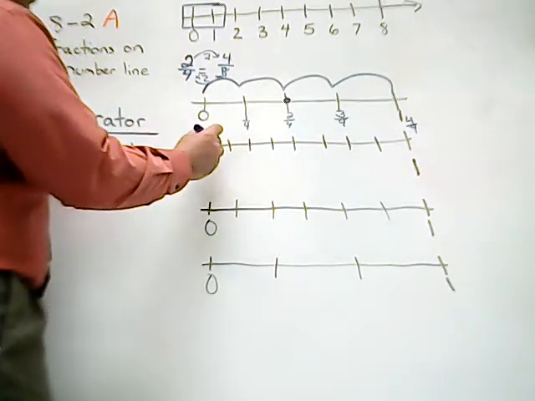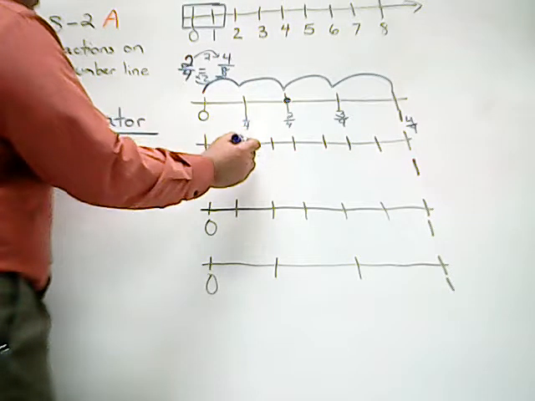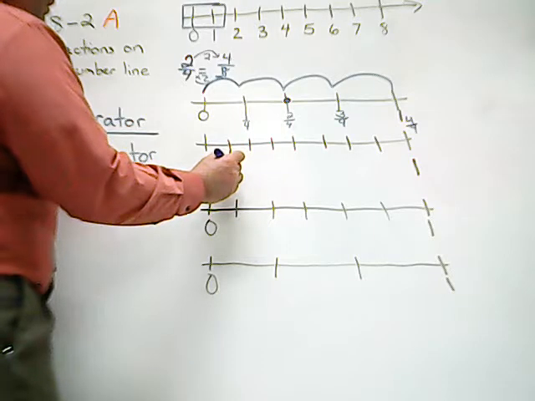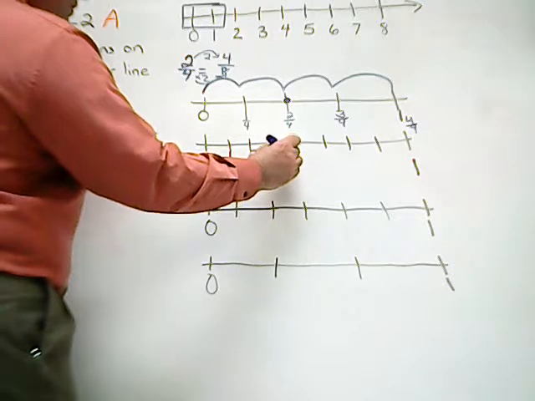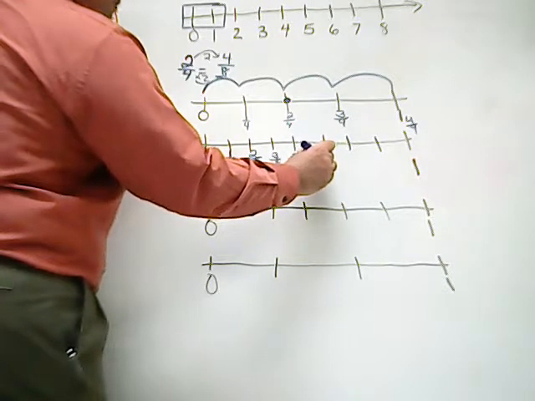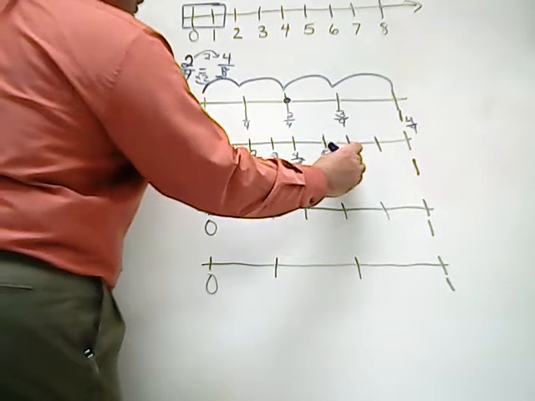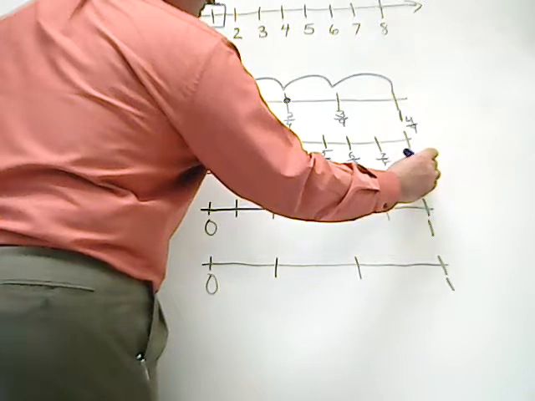I like to put my number lines close to one another so that I can match them up with the top and bottom. So here's 1/8, 2/8, 3/8, 4/8, 5/8, 6/8, 7/8, and finally 8/8.